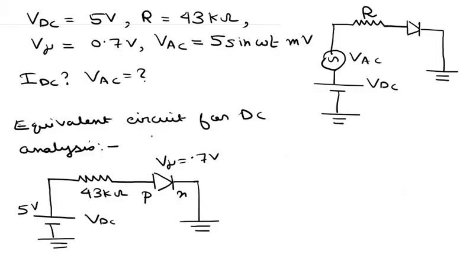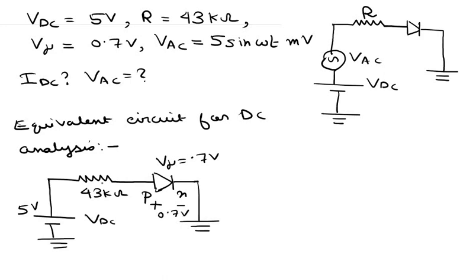Since 5 volts is applied, and since the positive voltage is connected to this P side over here, the diode would conduct current, and the voltage across the diode is constant at 0.7 volts. So the potential difference between these two ends of the diode is basically 0.7 volts.